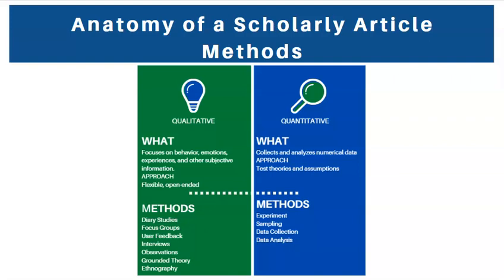Qualitative is sometimes more observational. That is, it's going to be flexible and open-ended. It might have a focus on behavior, emotions, open-ended questions, diary studies, focus groups, user feedback, interviews, and things of that nature. And sometimes you'll see them together, and those really are quite awesome pieces. They're called mixed methods.